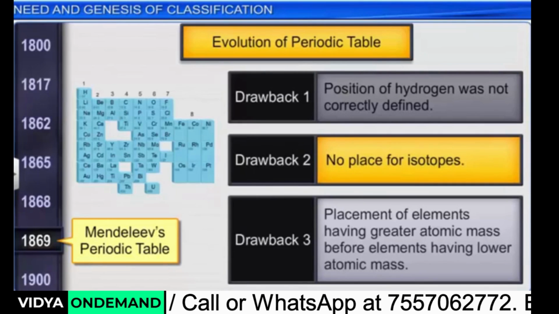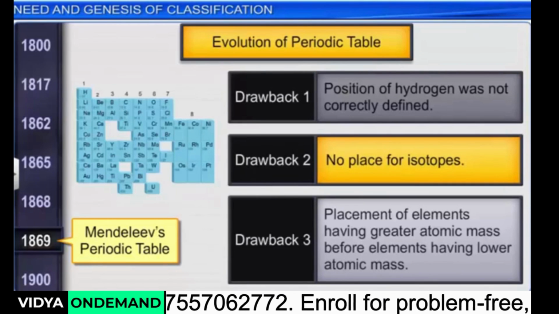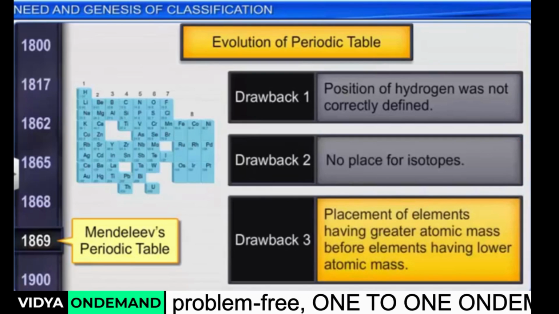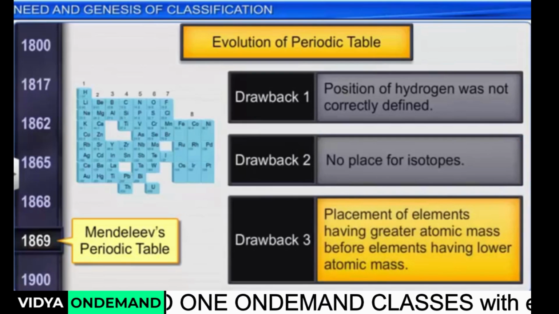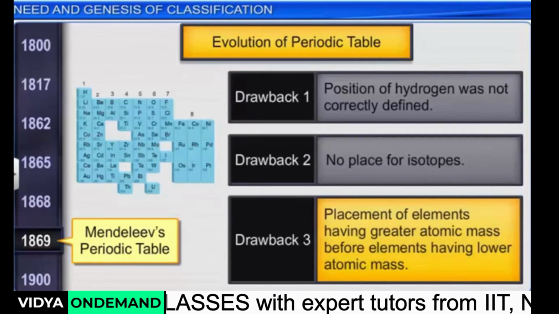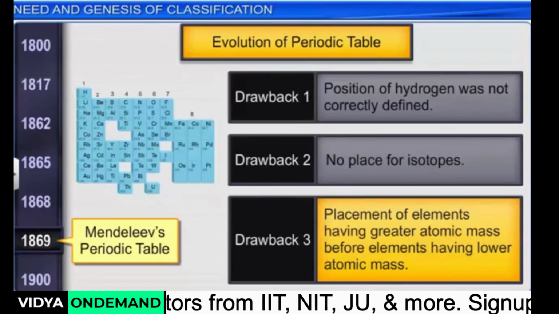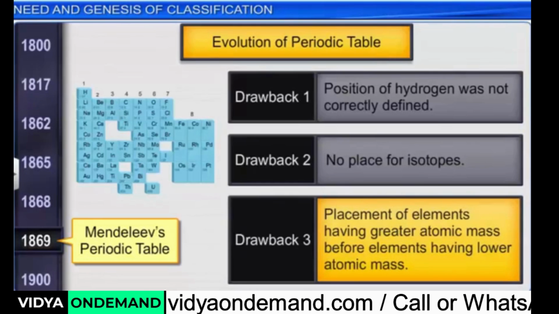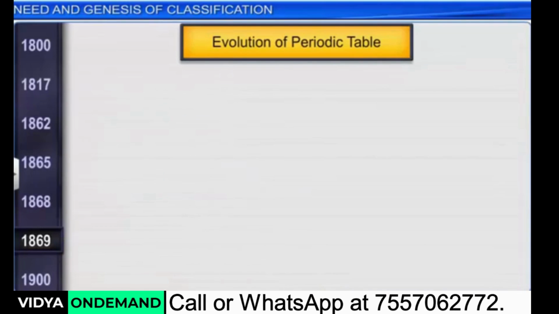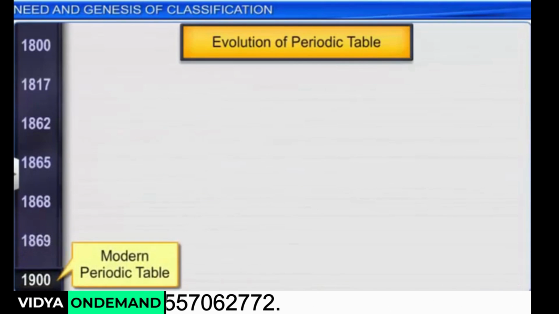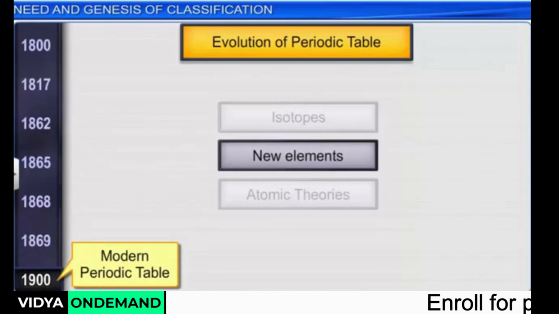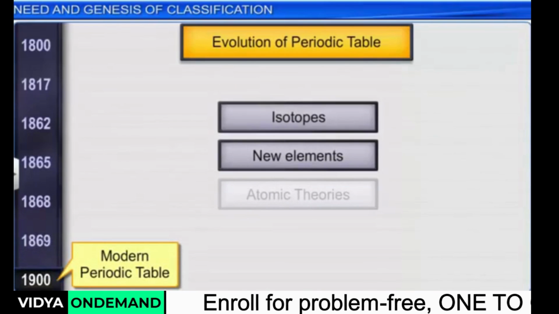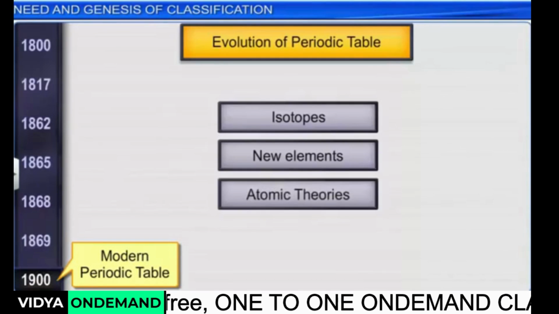The placement of elements having greater atomic mass before elements having lower atomic mass could not be logically explained. In the early 1900s, discovery of newer elements, isotopes, and the development of atomic theories paved way for the development of the modern periodic table.